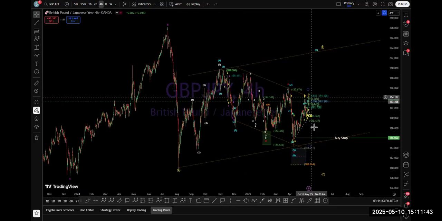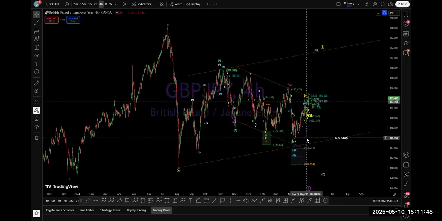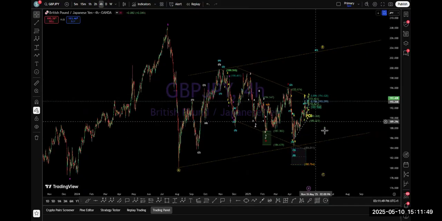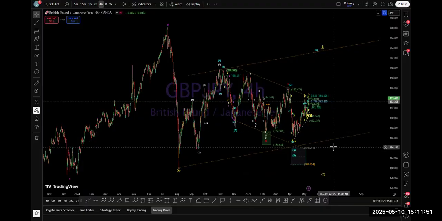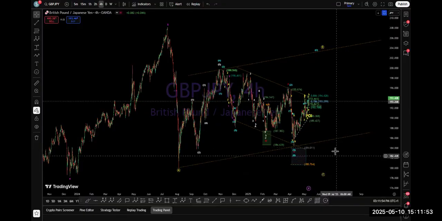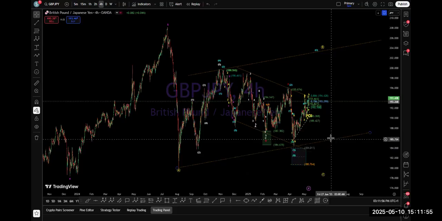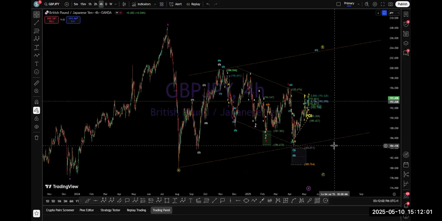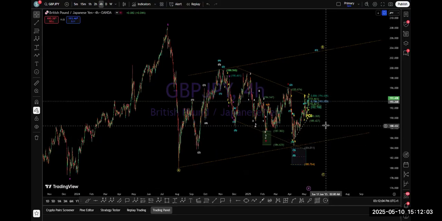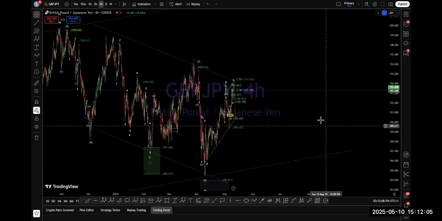For the sell to drop down to, let me remove this, down to 184, 182, or 185, 186. So down here is where I target. 186, 185, 184 is where the selling will end. That's from my analysis anyway.